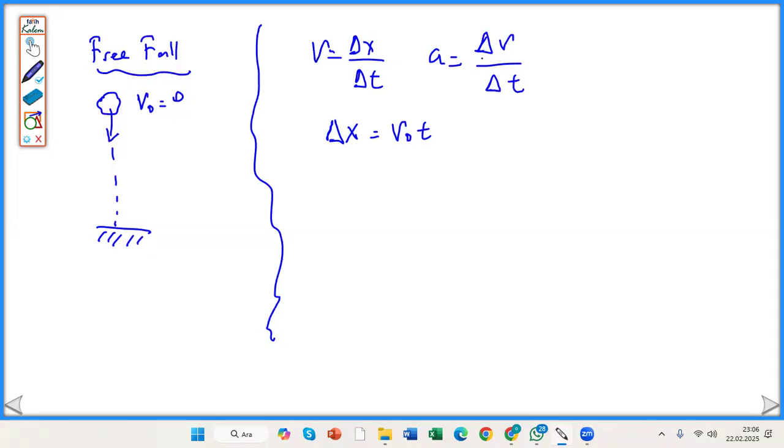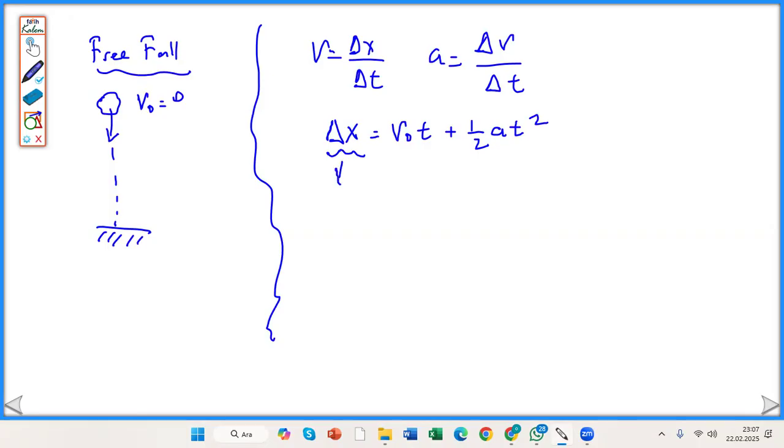We can mix different types of formulas, and in general we can say that the displacement is also initial velocity times t plus 1/2 times a times t squared.